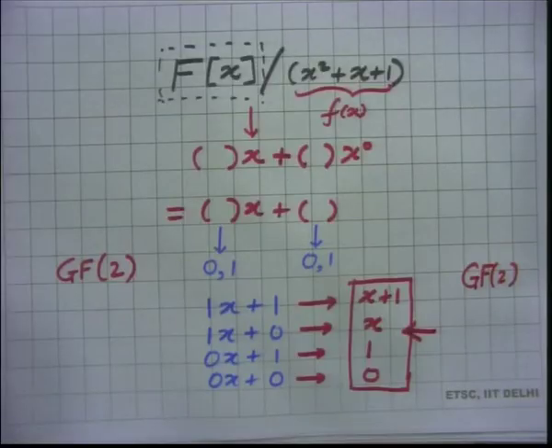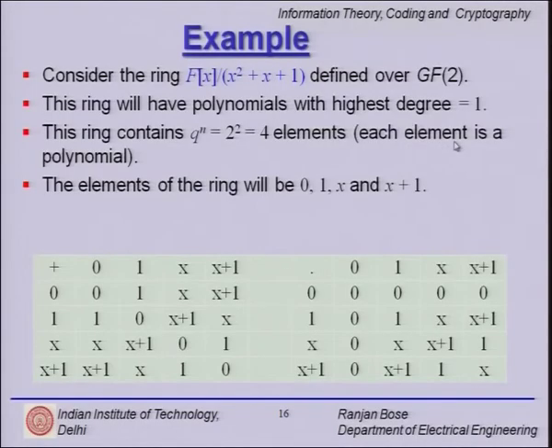we see that this ring contains 2 raised to the power 2, equal to 4 elements, and each element is a polynomial. Please remember that elements can be anything, and here we chose them to be polynomials 0, 1, x and x plus 1, like we just saw, and we can try to build the addition and multiplication table for this one. So, I can add and multiply.